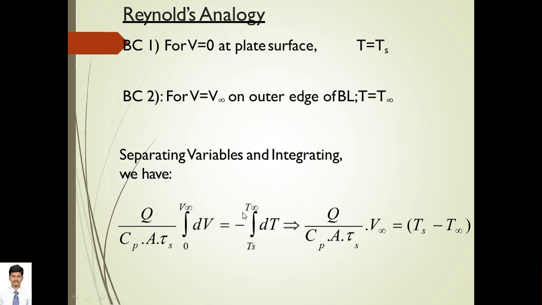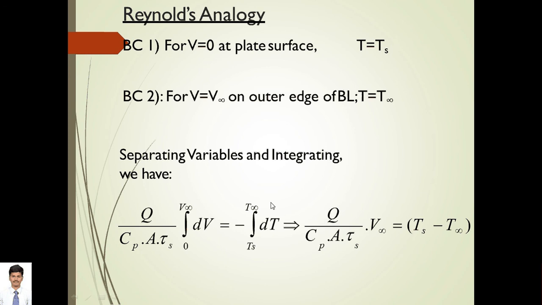Now applying boundary conditions. At the plate surface V is equal to 0, T is equal to Ts. For the second boundary condition, when V is equal to V infinity at the outer edge, T is equal to T infinity. Now integrating and substituting boundary conditions, integrating from 0 to V infinity dV is equal to minus integration from Ts to T infinity dT.